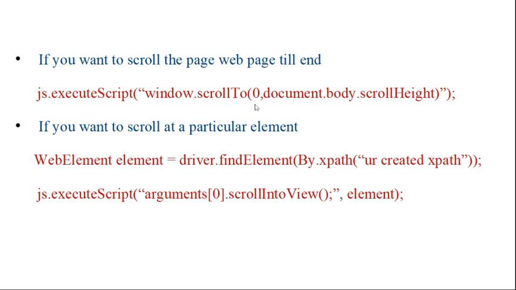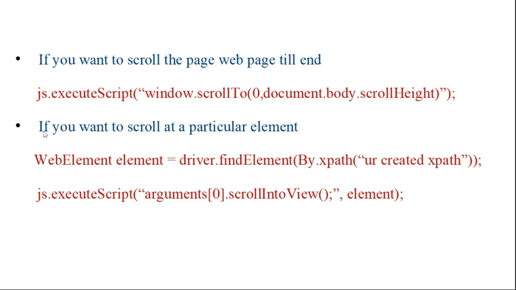If you need to go to the bottom of the page, we will provide this method, that is the internal method to scroll the page to the bottom: document.body dot scroll height. It will scroll to the height of the web page, right? If you provide this in the horizontal parameter, it will scroll horizontally, but here I have provided it vertically, so it will scroll down to the bottom in a vertical order.